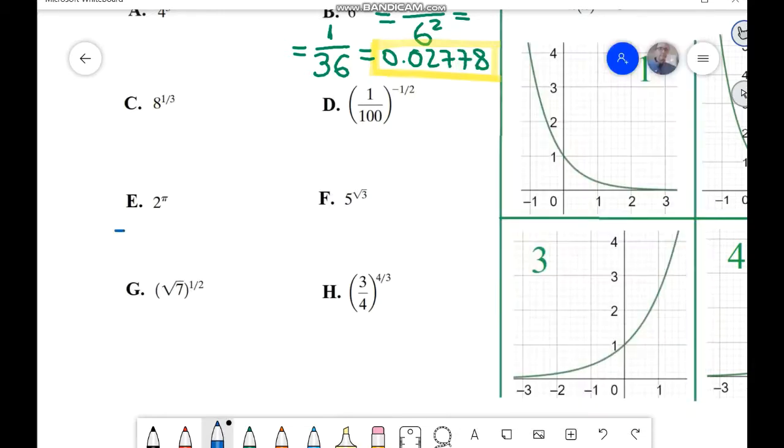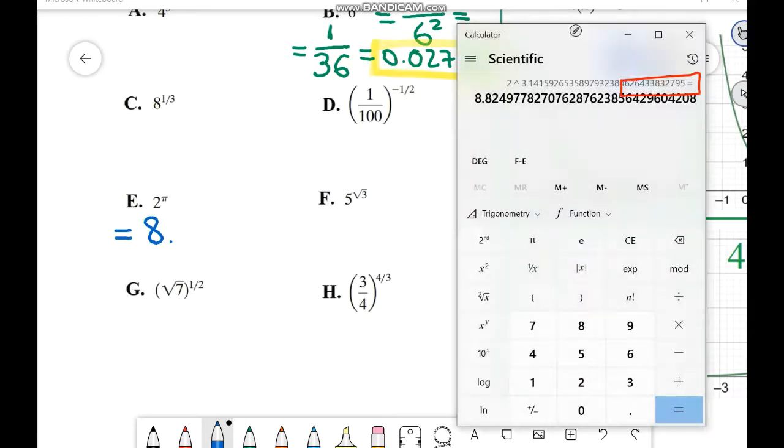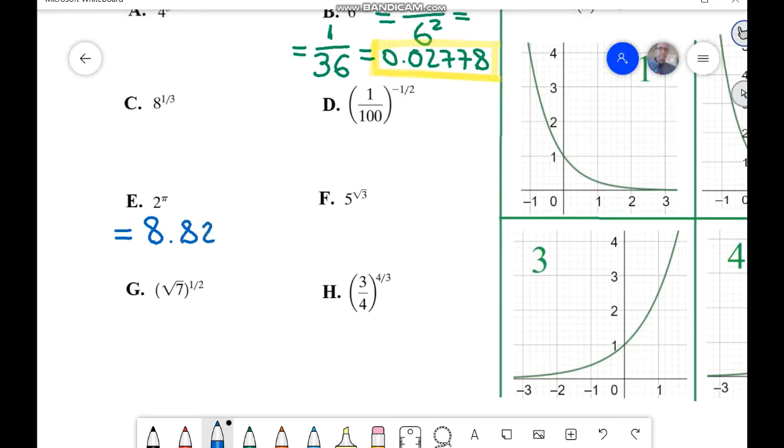So this is equals 8 point, but we need 1, 2, 3, 4, 5 decimal places. This last one will not show, but it's a 7. That means we need to round up the last digit to an 8.